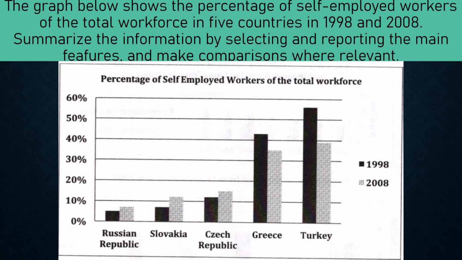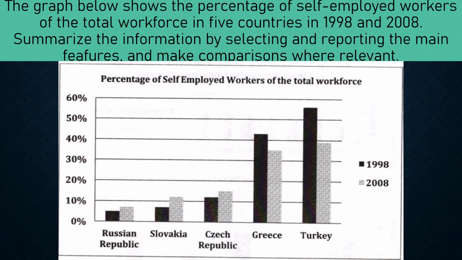In the next paragraph, we will try to summarize the important information, either categorizing it with the year. So we can first discuss 1998, then 2008, or you can also discuss it dividing into 2 types of countries, like Russian Republic, Slovakia, Czech Republic.